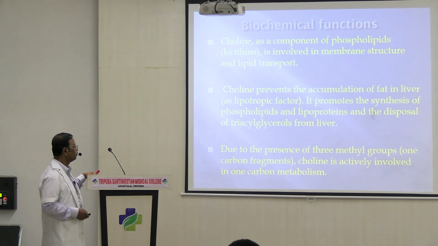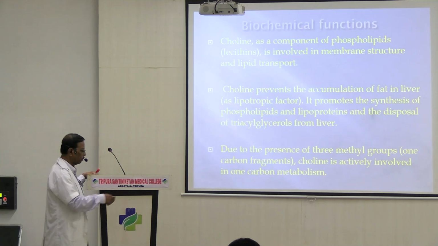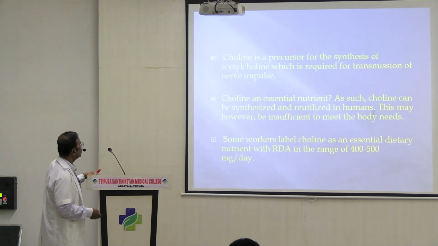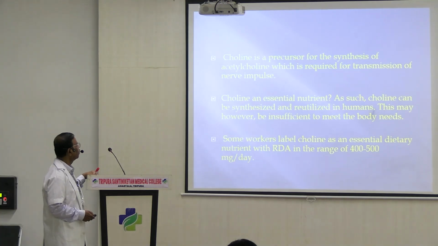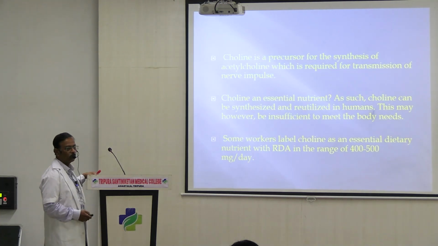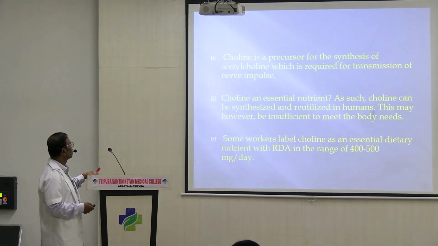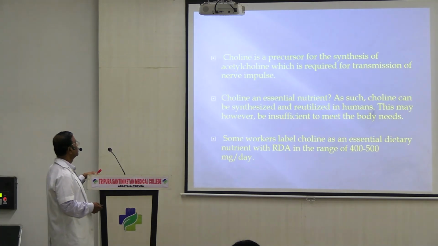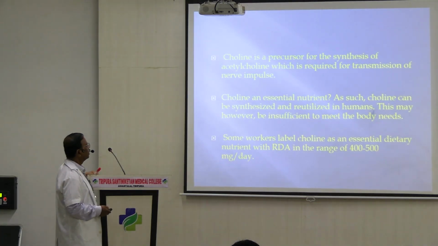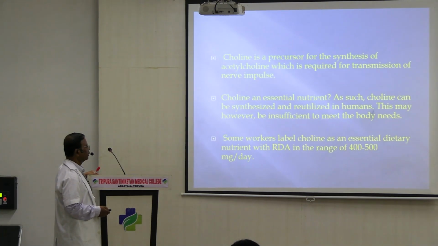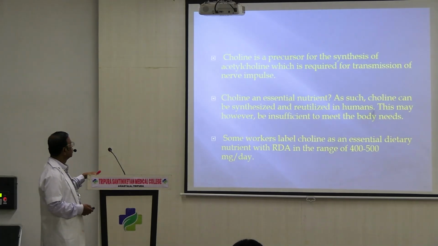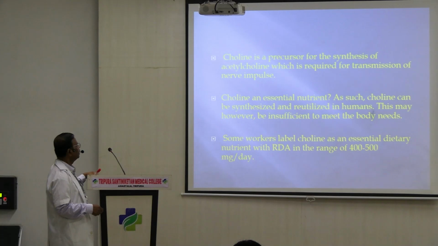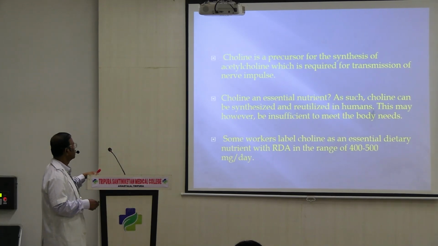So it is involved in 1 carbon metabolism also. Choline is a precursor for the synthesis of acetylcholine. In acetylcholine, choline is there, so naturally choline is taking part in acetylcholine synthesis, which is required for transmission of nerve impulse. Acetylcholine is a neurotransmitter. So it takes part in nerve impulse transmission.